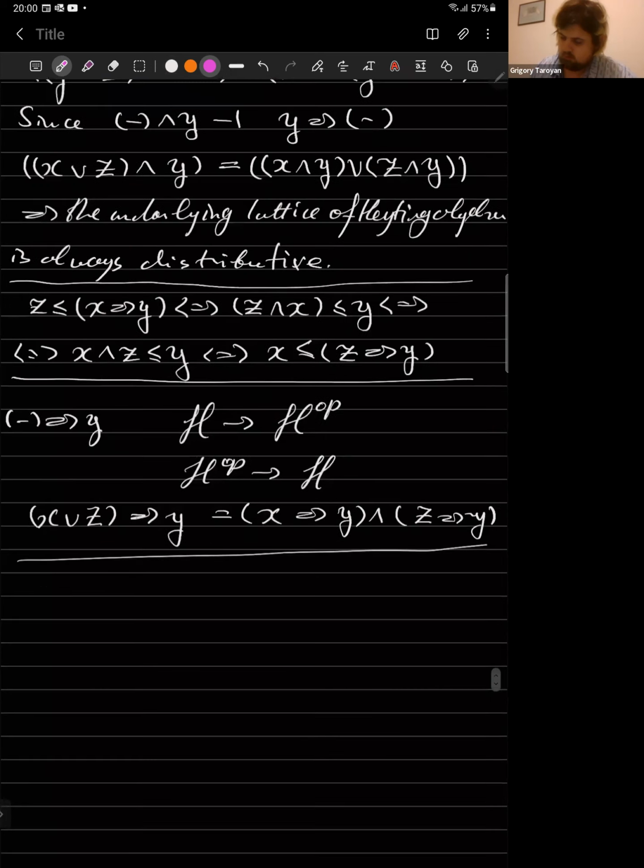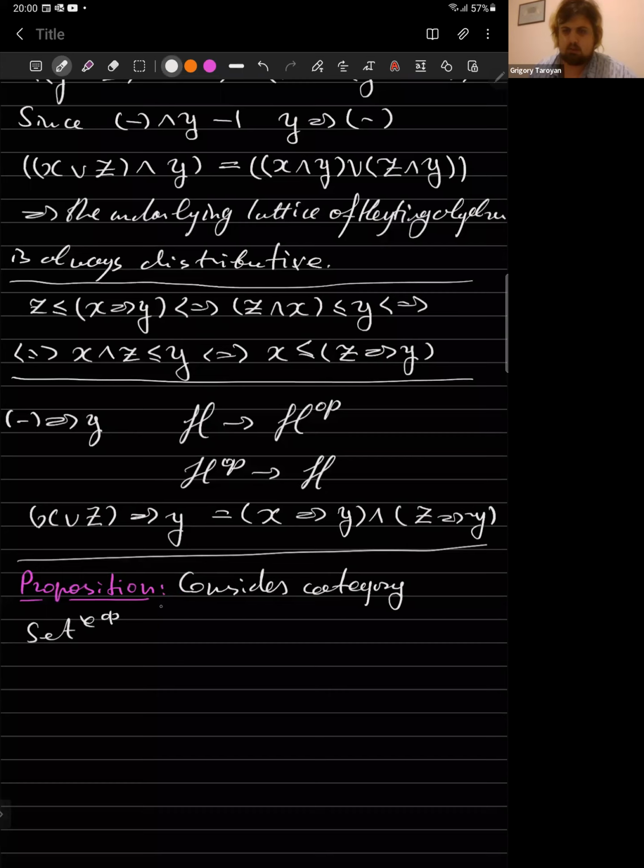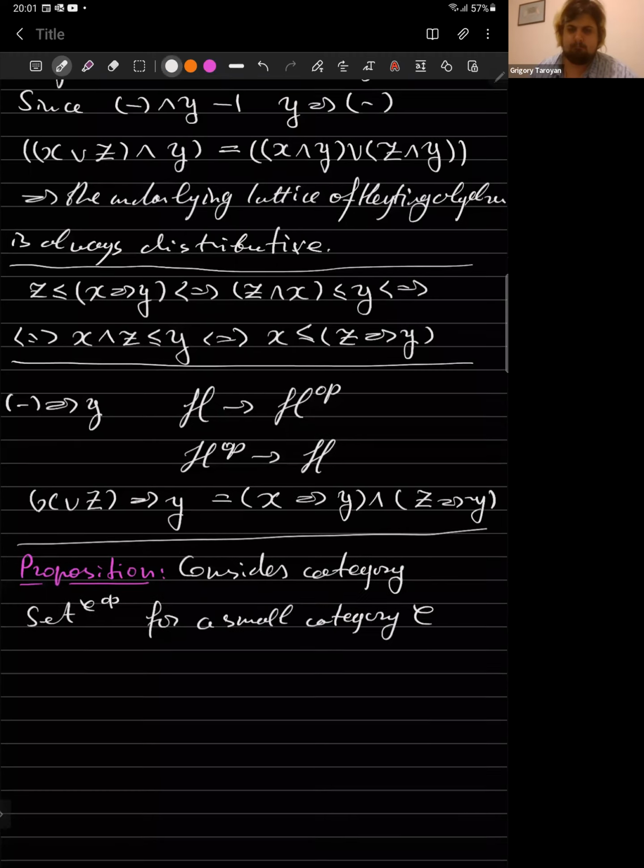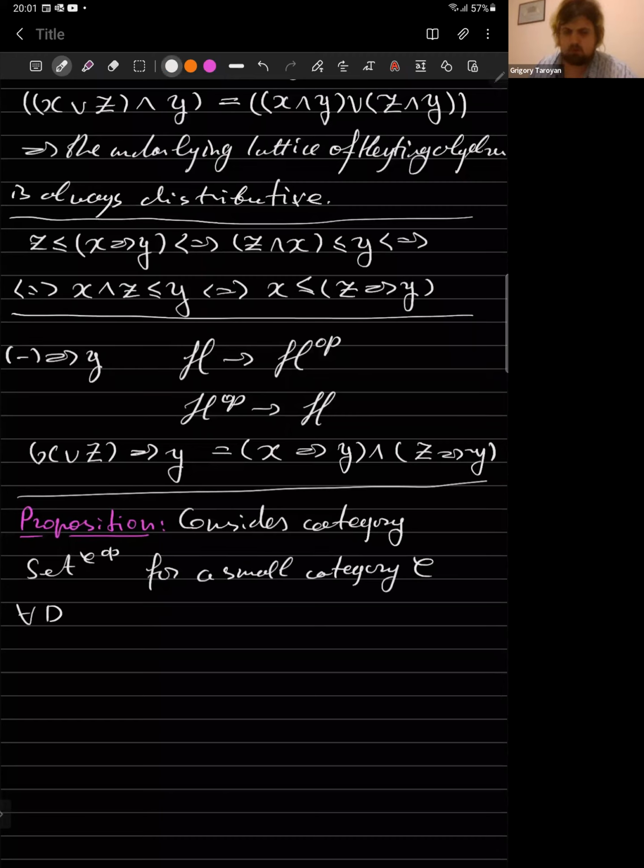So consider the presheaf category, the opposite of category C. Take P in this presheaf category, and the whole set of subobjects.